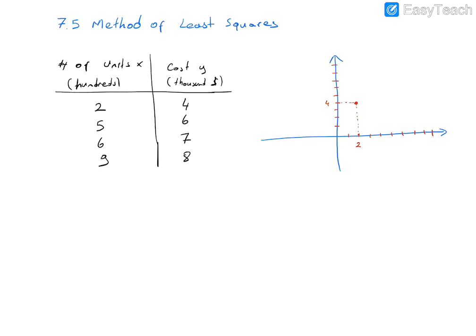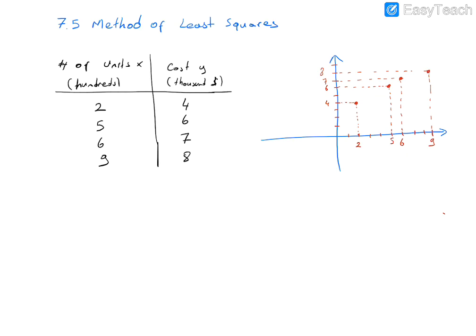When x equals 5, the cost is 6. That is another point. When x equals 6, the cost is 7. This is another point. When x equals 9, the cost is 8. These are our points, okay?